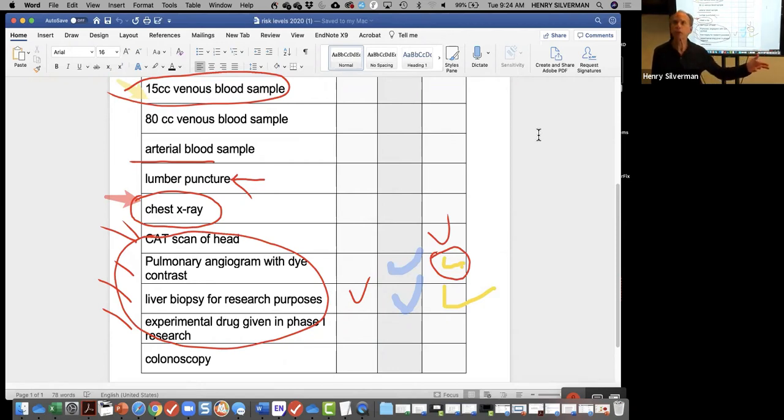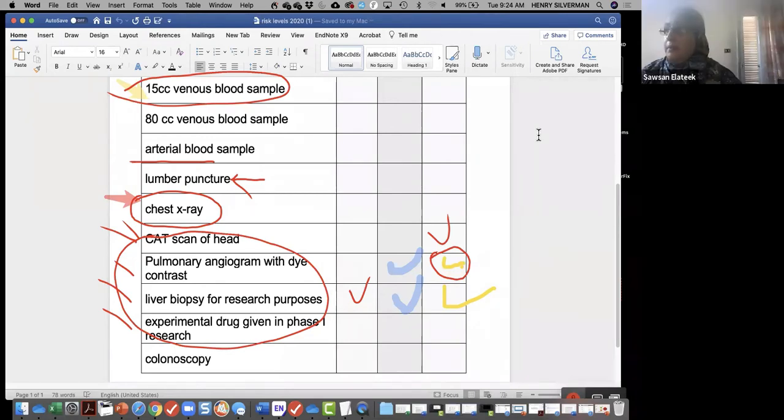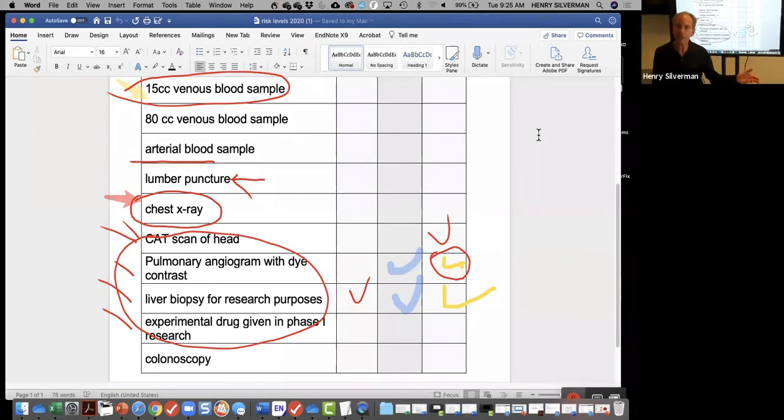What's another procedure that is part of a routine physical exam? Urine sample, stool sample. Okay, good. Urine sample, EKG, right? So now we'll get to why I'm talking about this.